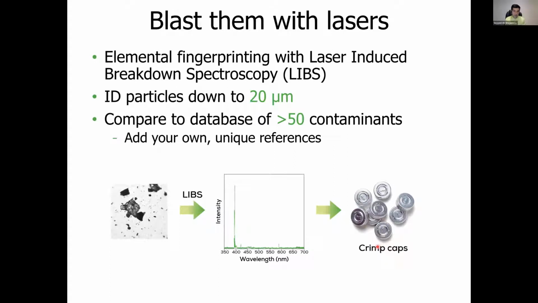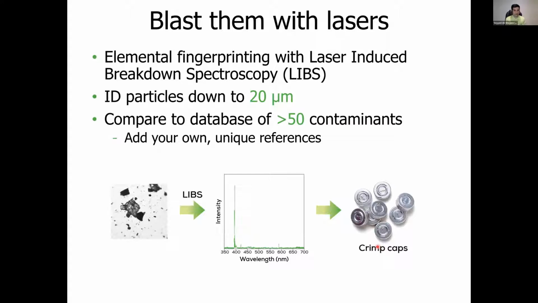LIBS is capable of handling any particles down to 20 micrometers, and it also has a large database of over 50 unique compounds. And again, customizing this database is quite straightforward.